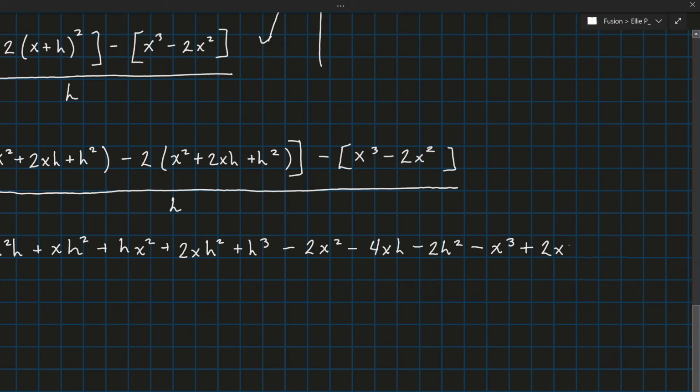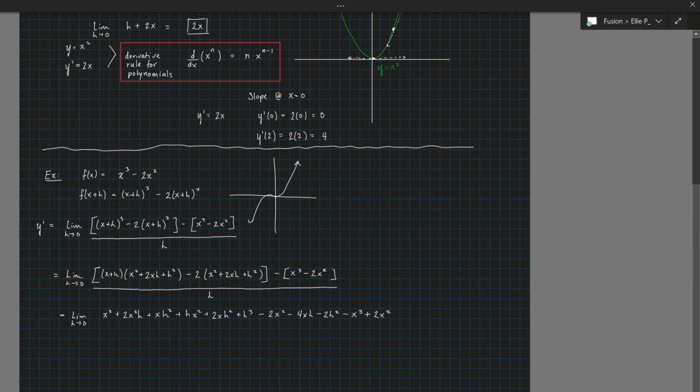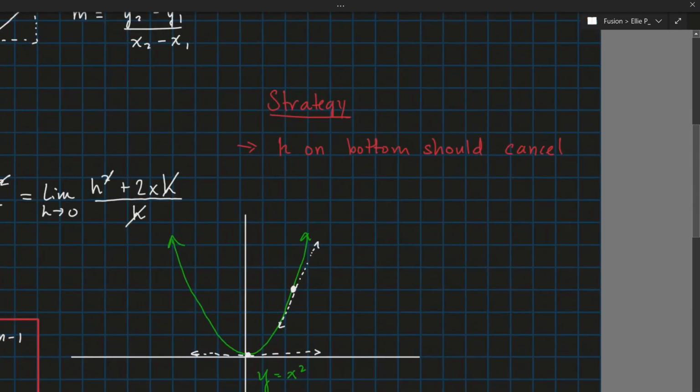plus 2x squared. And now here's another important strategy thing I wrote up here, that h on bottoms should cancel. Also, all terms containing only x should cancel as well, because that will allow the first thing to happen.